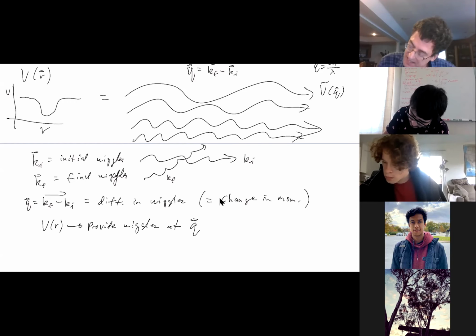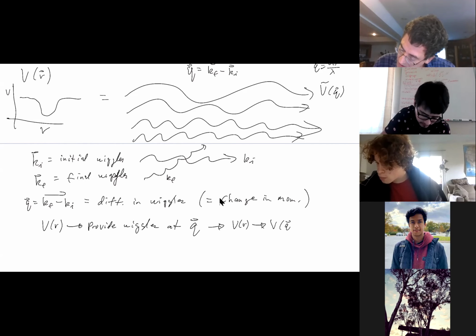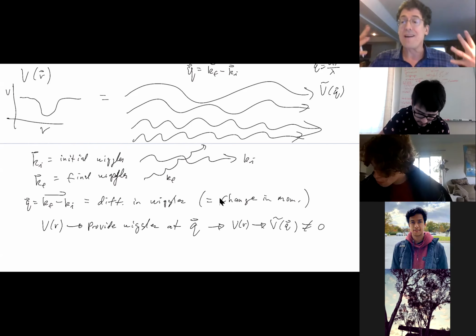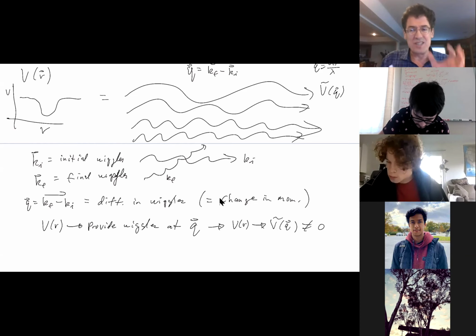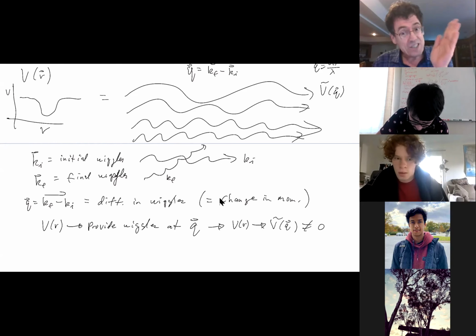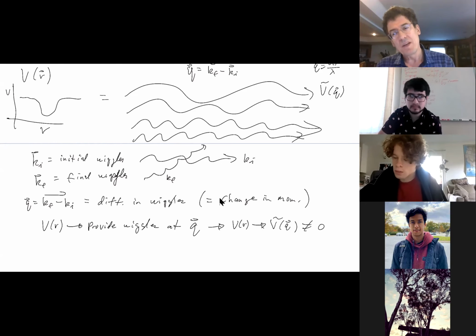V of R provides the wiggles at Q, because V of R has to have some component V of Q not equal to 0 for the scattering to happen. So the point I want to emphasize is that the potential is providing the change in momentum. What does that mean?